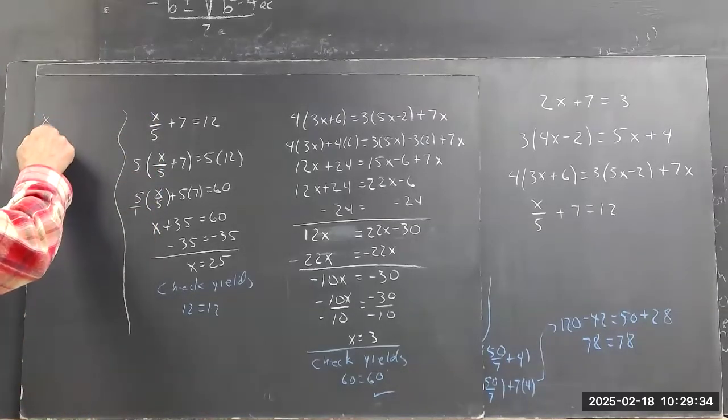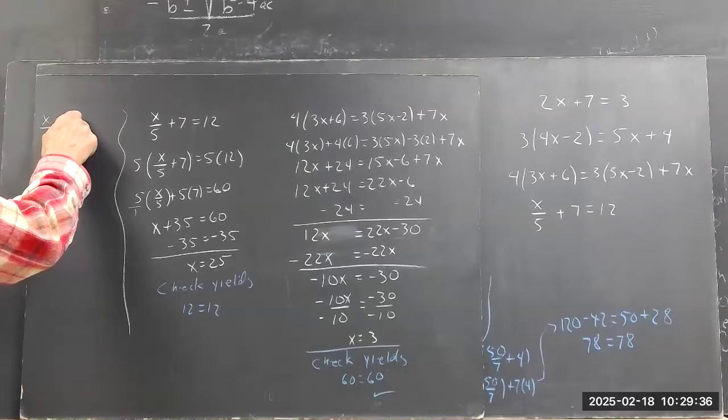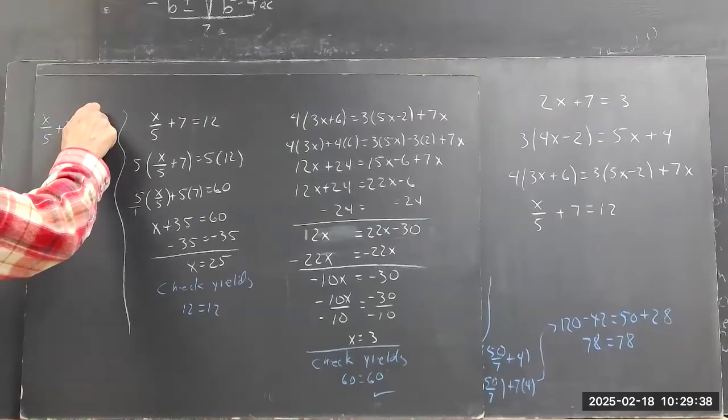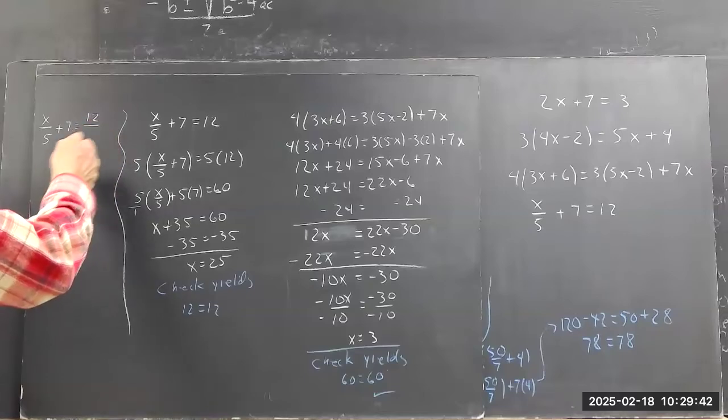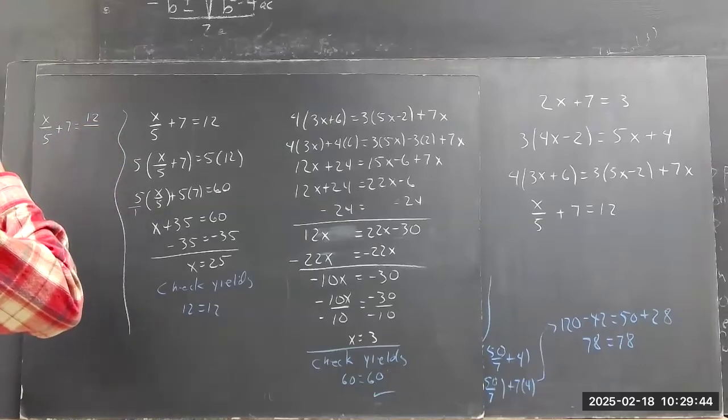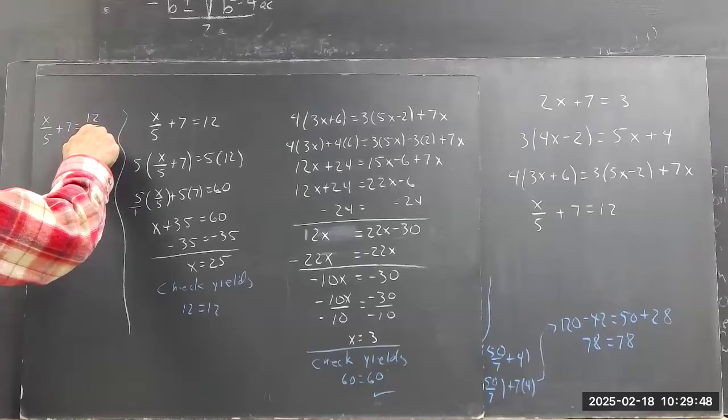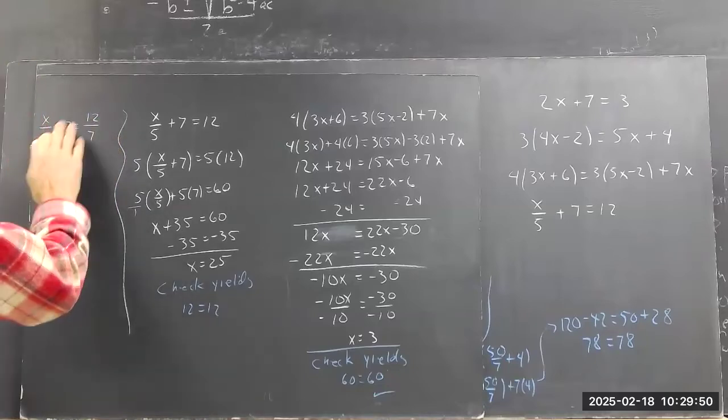Over 5 plus 7 equals 12 over. I don't want to use 3. I guess I have to use 7. That's too many 7s, so I'm going to change.